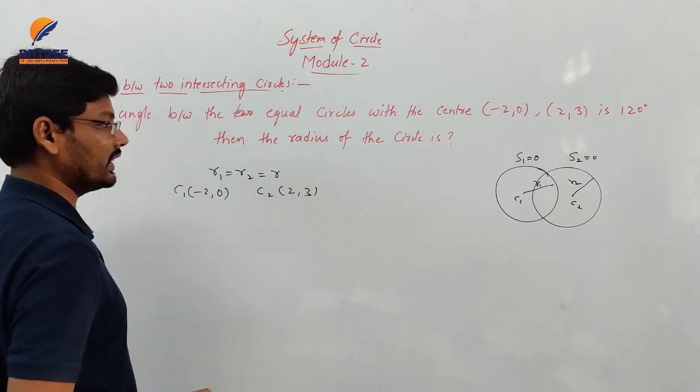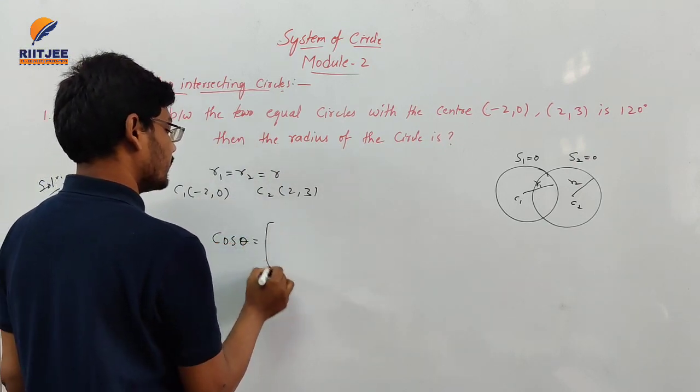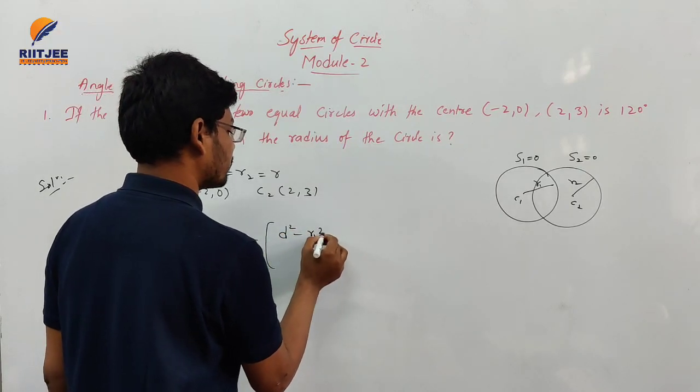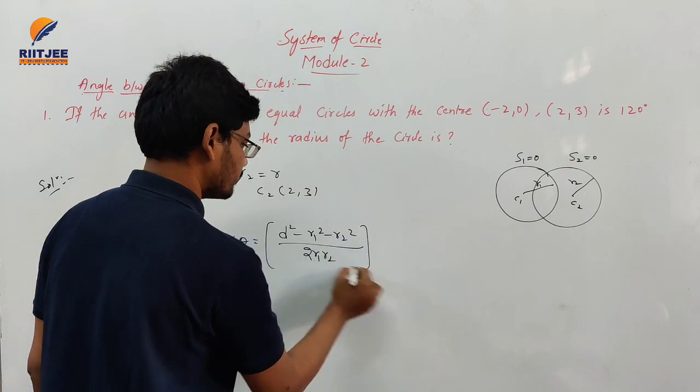Our formula to find the angle between two intersecting circles is cos theta equals d square minus r1 square minus r2 square by 2 r1 r2.